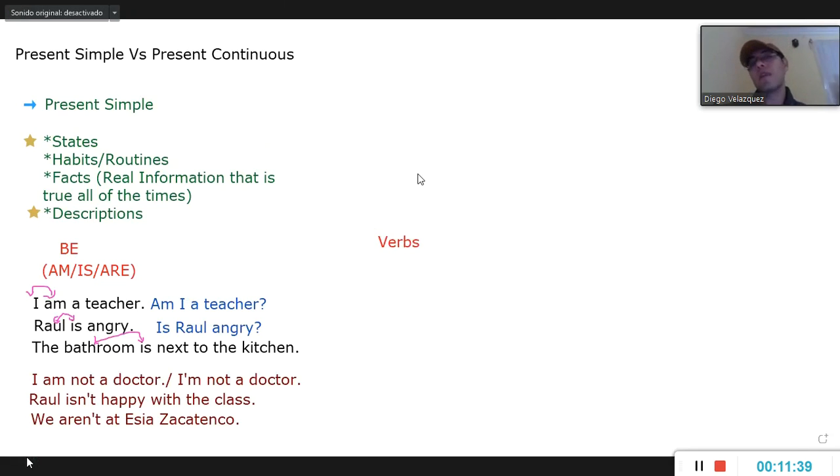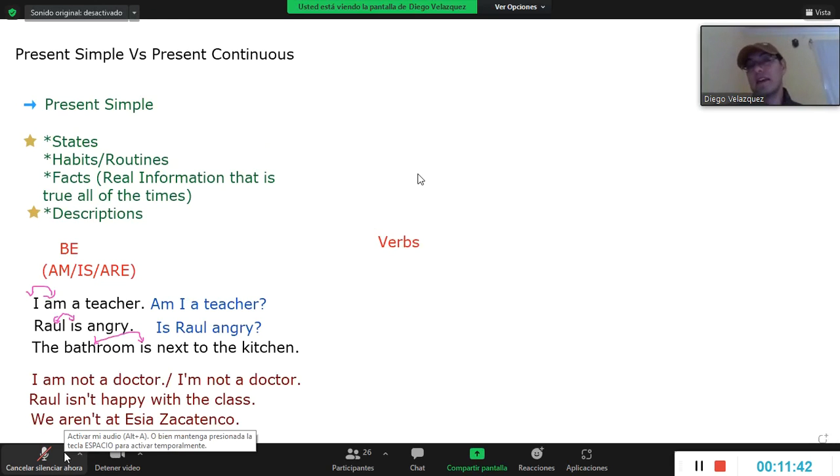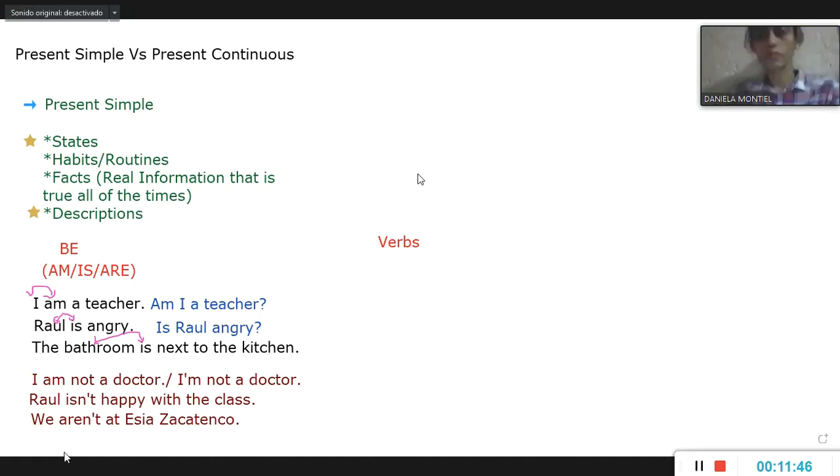Now, this is what we have in the case of the verb to be, guys. Very easy for you. Now, remember that in the case of the rest of the verbs, we have a different story, right? So remember that in this case, my friends, the verbs are very important.